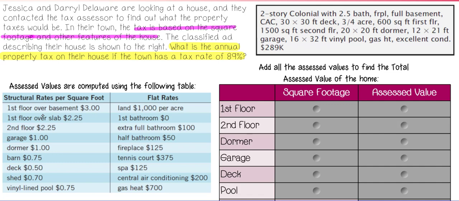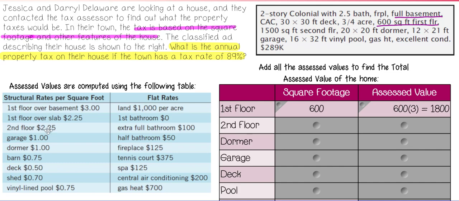So they told us that it was a 600 square foot first floor, and it has a full basement. So when we look at this, first floor over a basement is $3 per square foot. So they gave us the square footage of 600. So our assessed value would be 600 times $3. So the assessed value for the first floor is $1,800.